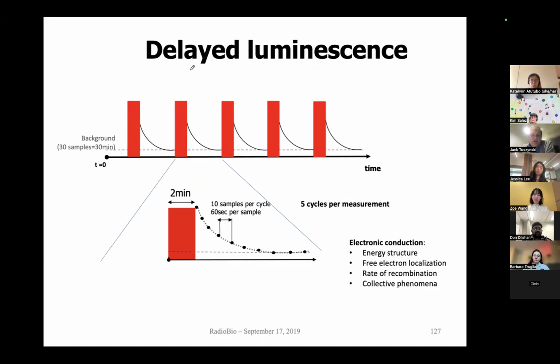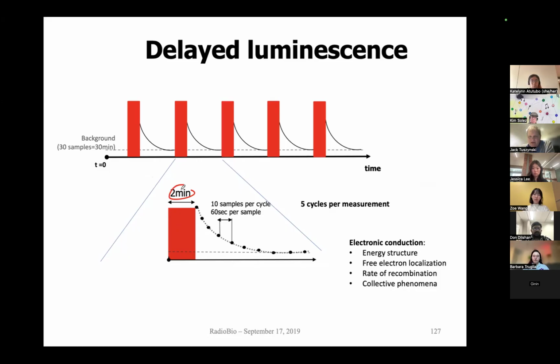The work with Professor Aristide Dogariu from University of Central Florida on delayed luminescence showed something leading to this conclusion experimentally, by illumination of tubulin and microtubules in a solution over periods of about 2 minutes, interrupted for about, I believe, 10 minutes, and then illuminated and so on, with laser light of about, I believe, 630 nanometer wavelength.